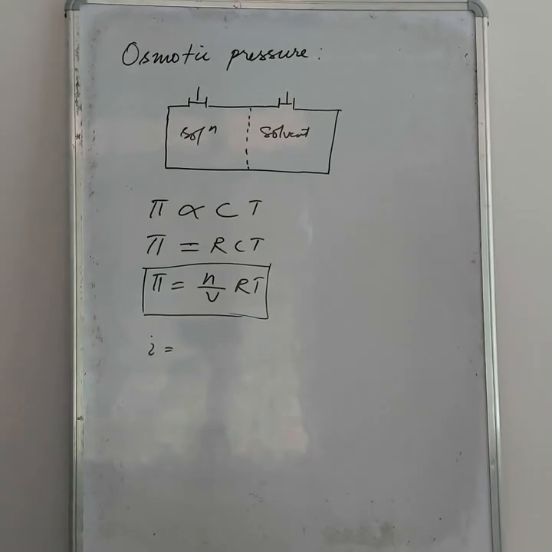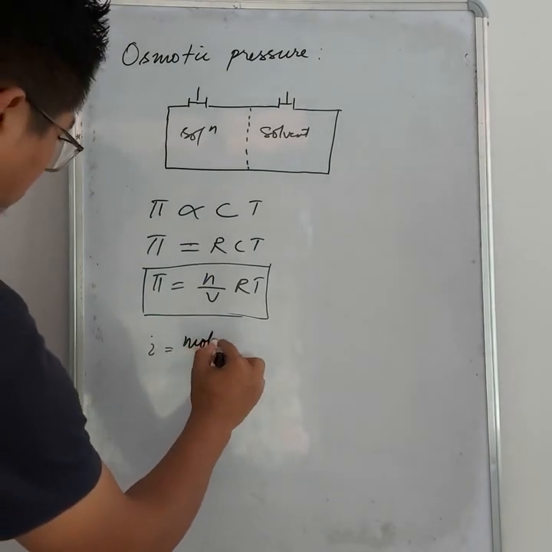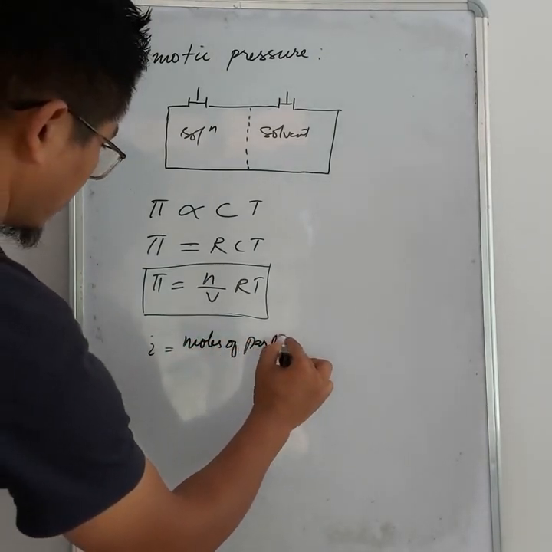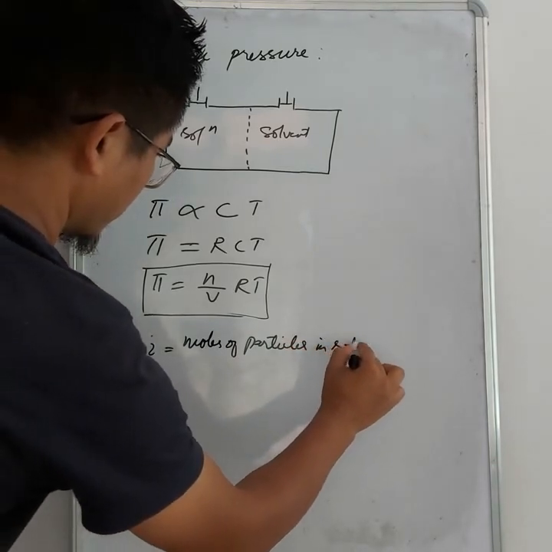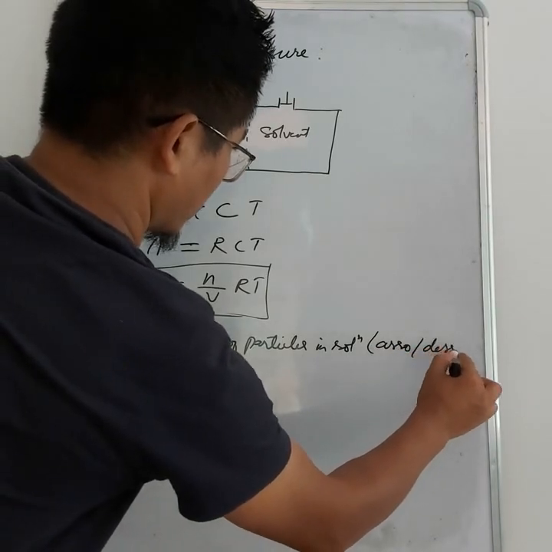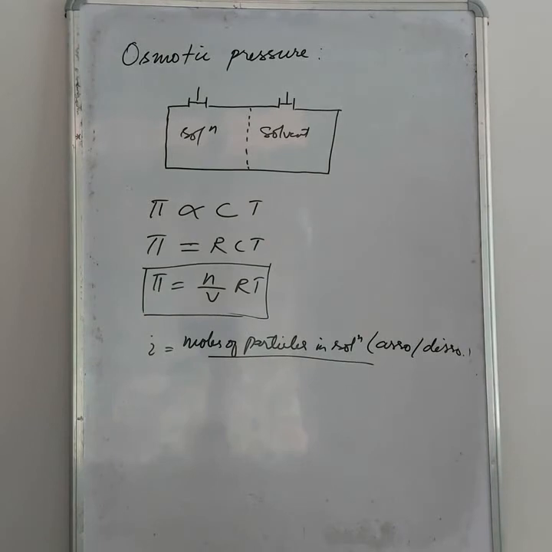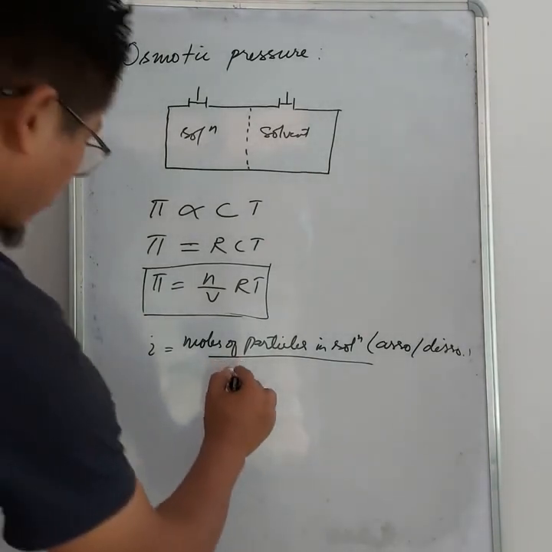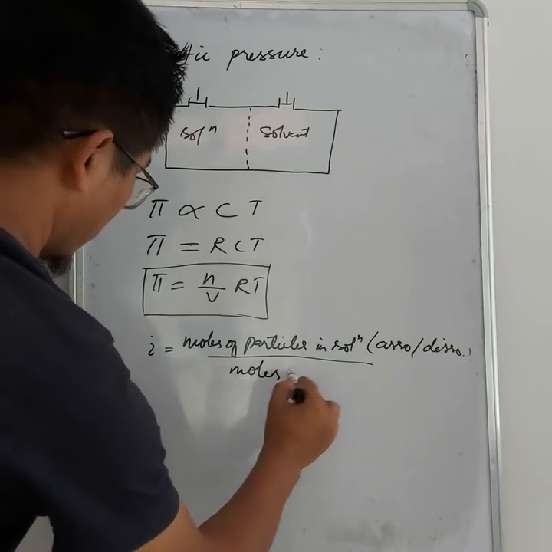It's a ratio between the observed moles of particles in solution, after they may associate or dissociate, divided by the theoretical value, the total number of moles of solute dissolved.